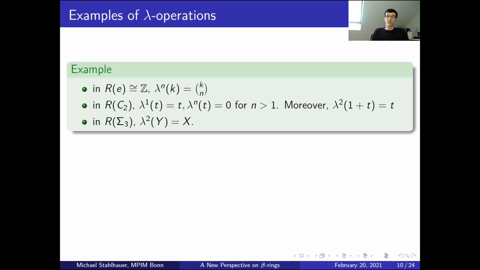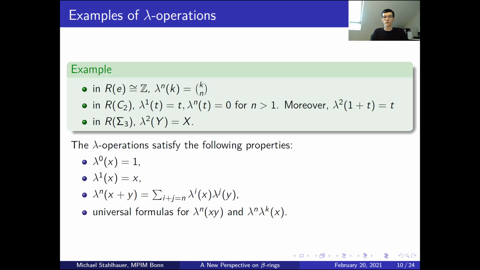And in the representation ring of the symmetric group on three letters, there is a two-dimensional irreducible representation, and lambda 2 of this turns out to be the sign representation. And this, in fact, completely determines the lambda operations on this ring. If you consider a bit longer what these lambda operations do, you arrive at a few properties they have to satisfy. For example, the zeroth lambda operation is always trivial, and the first lambda operation is always the identity. Those two just come from the definition by alternating powers.